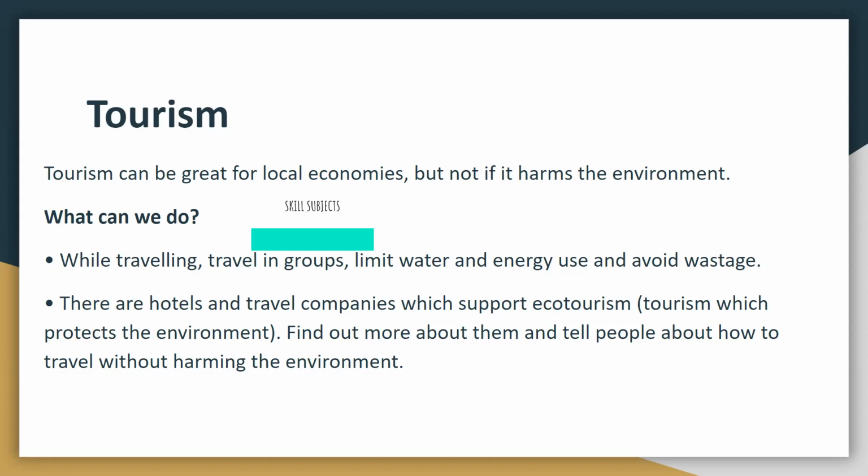Do not waste water. There are hotels and travel companies which support ecotourism. What is ecotourism? It is tourism that protects the environment. So you can try and find out more about them, and you can educate people around you about how to travel without harming the environment.